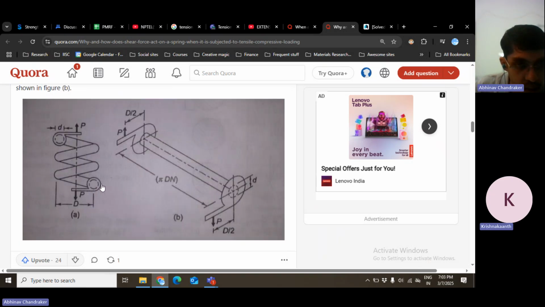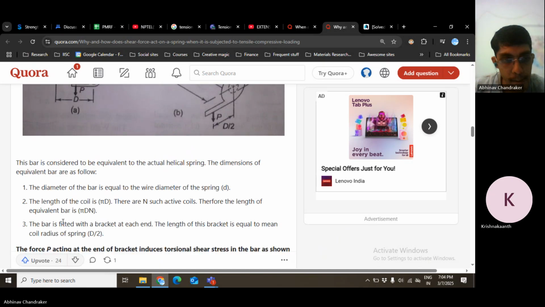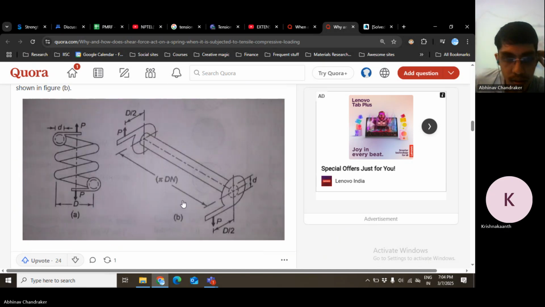And at the bottom also they have just extended the end, and when you uncoil it, it will be something like what is shown in B. And here, if you look at this uncoiled one, the axial force is something like this, P acting in the vertical direction, and on the other end it is acting in the opposite direction, and this is the torsional loading, right? You can see this is a torsional loading, so this way you can understand that there is torsion being experienced in the wire while the coil is actually loaded.